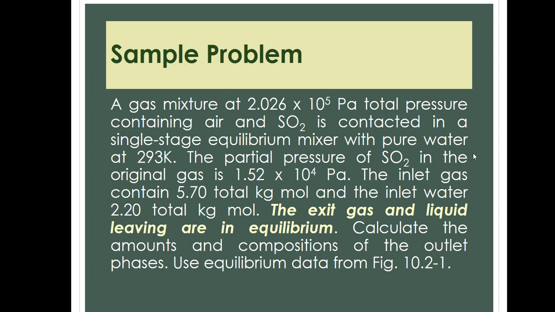Pure water meaning your water does not contain SO2. Now, the partial pressure of SO2 in the original gas that enters the column is 152 times 10 raised to 4 Pascal. The inlet gas contained 5.70 total kilogram mole and the inlet water 2.20 total kilogram mole.